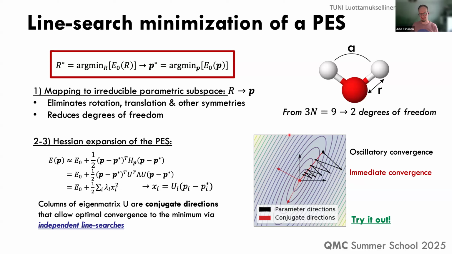Whereas if we use the original directions in black, we, in the worst case scenario, get a very oscillatory and slow convergence to the minimum. So that's why it's very important to have the Hessian at hand.